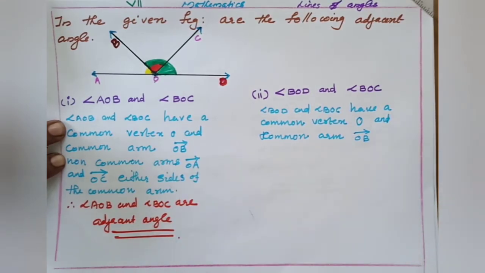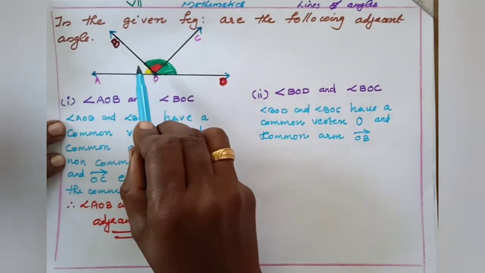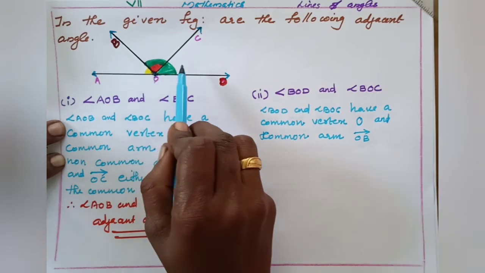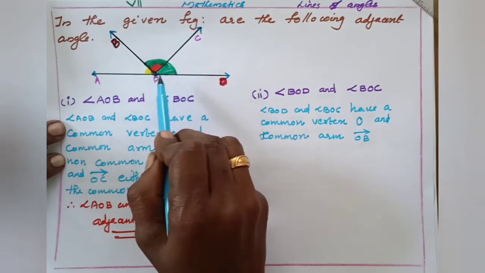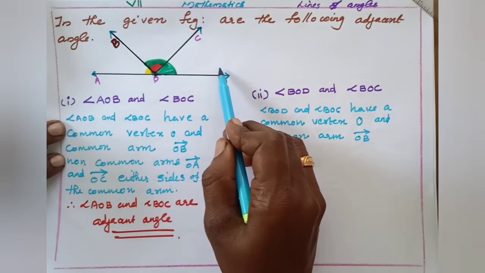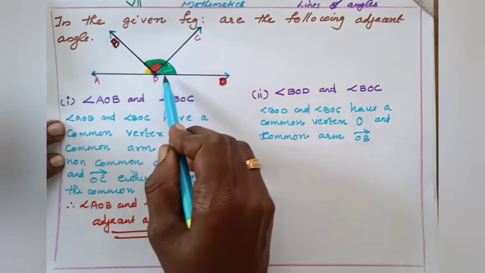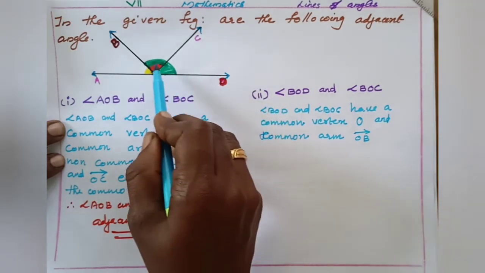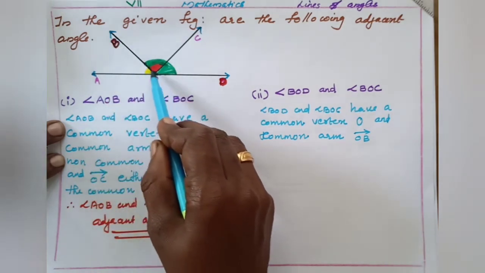But the third condition is that the non-common arms are on either side of the common arm. So here, for BOC and BOD, the non-common arms are OC and OD. They are not on either side of the common arm OB.